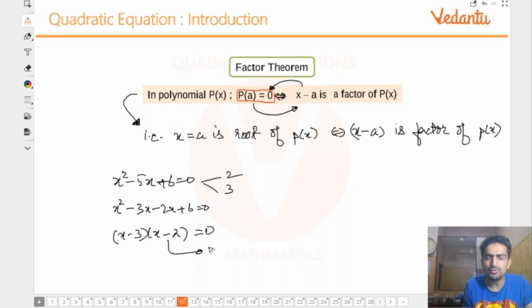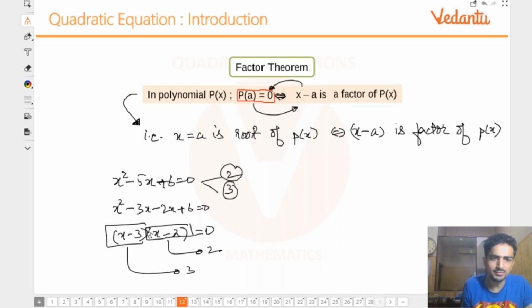From here I would have got 2, from here I would have got 3. So clearly if 2 is root, x minus 2 must be factor. If 3 is root, x minus 3 must be factor. That is why they are roots. From there only we got these roots. So that is the approach to understand this factor theorem.